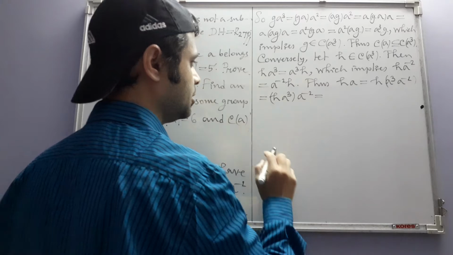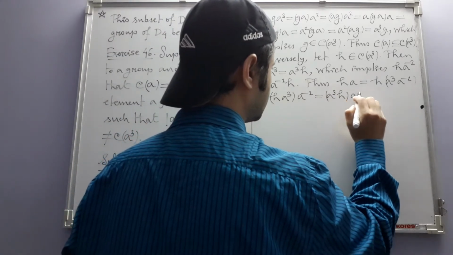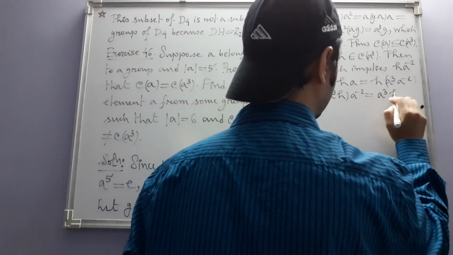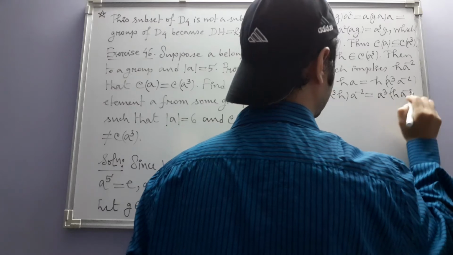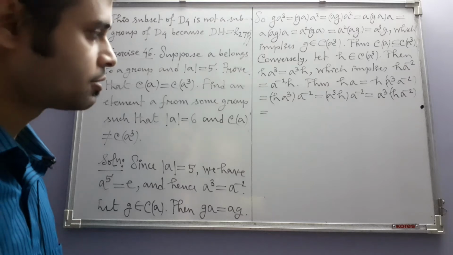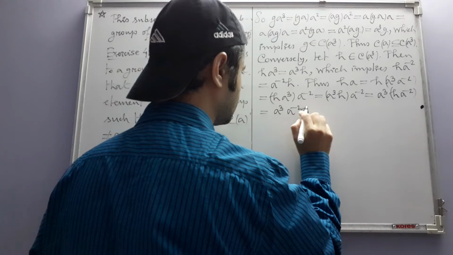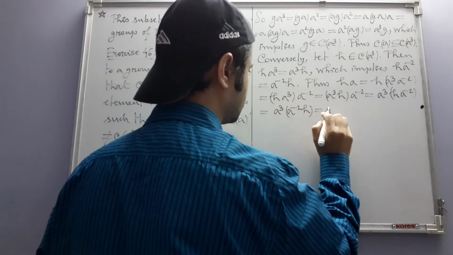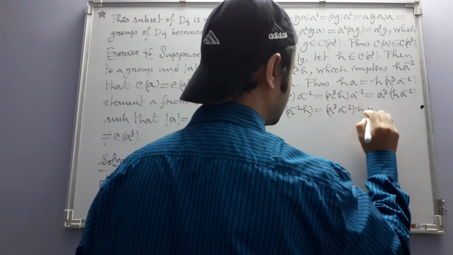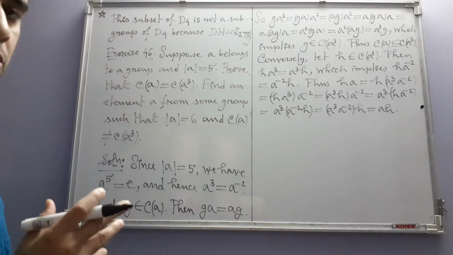Now H commutes with A cube, so in place of this we can write A cube H. Again H commutes with A to the power minus 2, so this finally gives us AH. That means H also commutes with A.